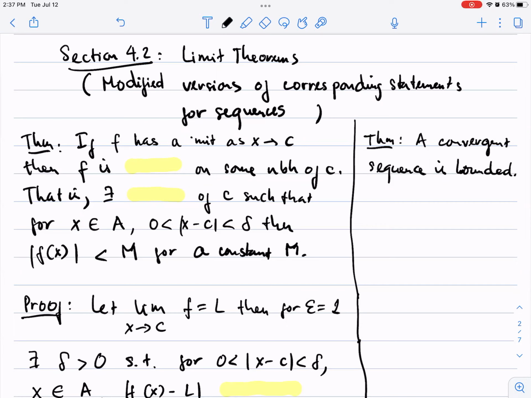In this section, I'm gonna state several statements for functions and then recall corresponding statements for sequences. Hopefully, that's gonna let you see the similarities and also differences between these statements.